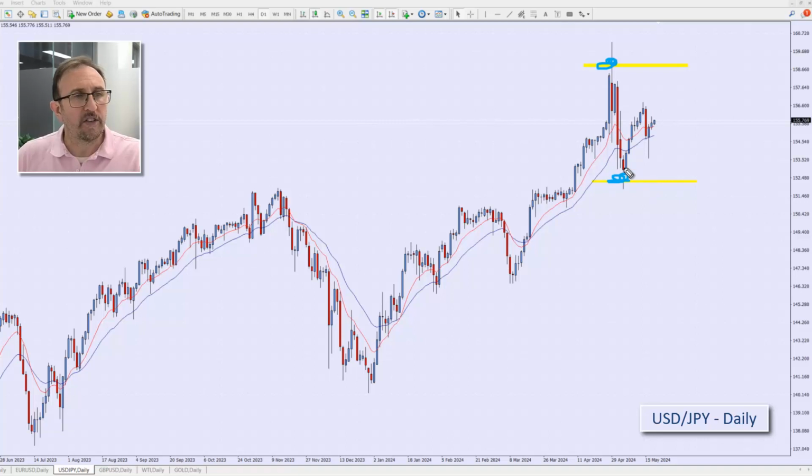Now what I'd like to see is this market exit either in that direction or in this direction before I get involved with a trade. All right, so if this happens to stay in this region for a prolonged period of time, it may provide us opportunities to trade inside that range. Now that range is quite large. It's around about 400, and let me just measure it, give me one second.